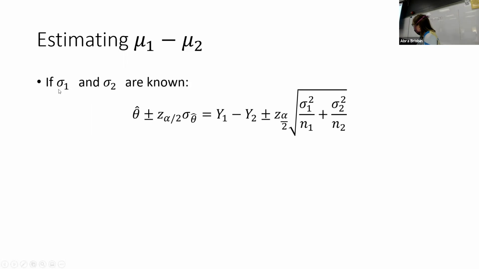If we knew sigma sub 1 and sigma sub 2, the standard deviations of those populations 1 and 2, then we could use our principle from that table of common point estimators that said our confidence interval can be our point estimate plus or minus a standard normal multiplier times the standard error.